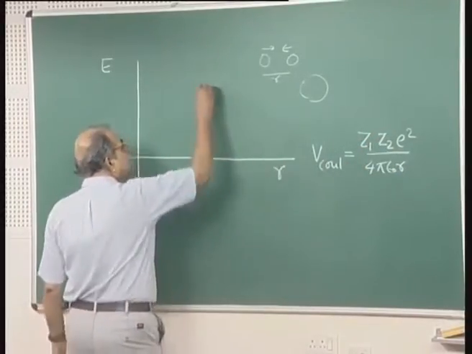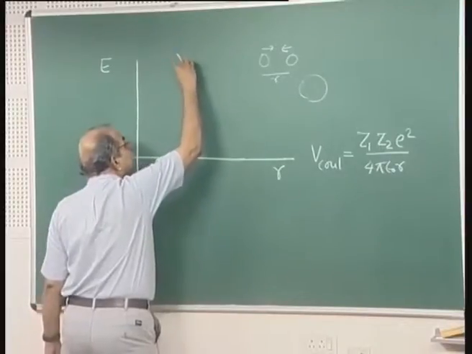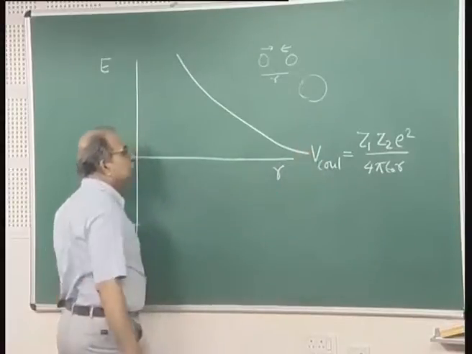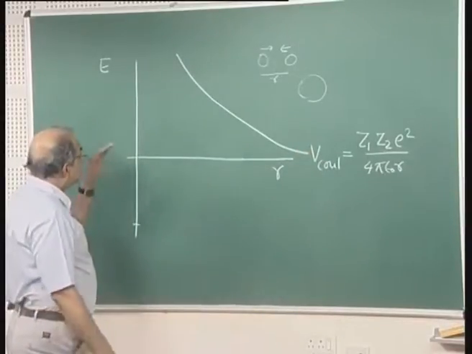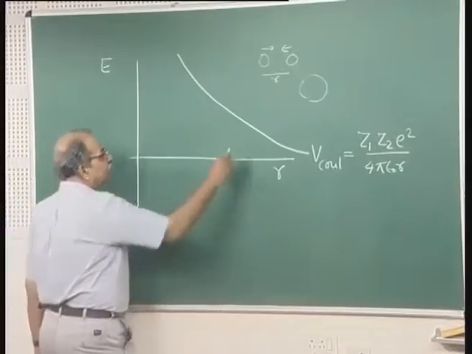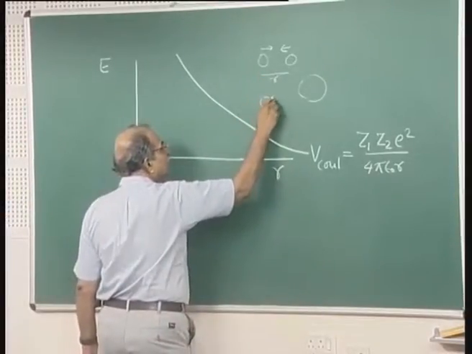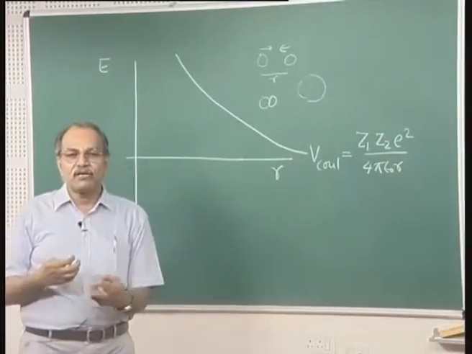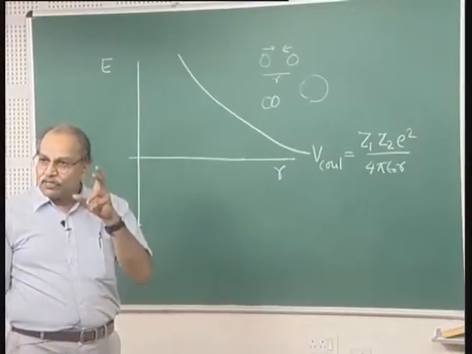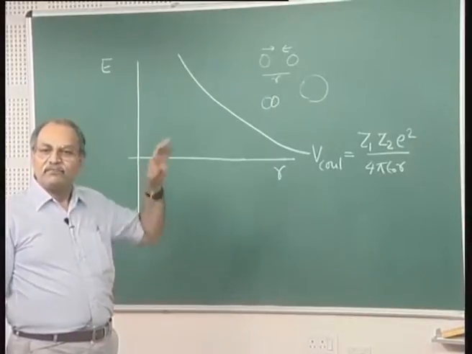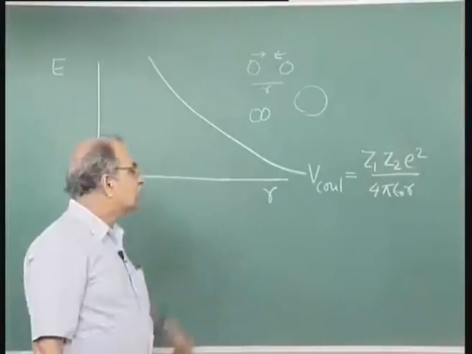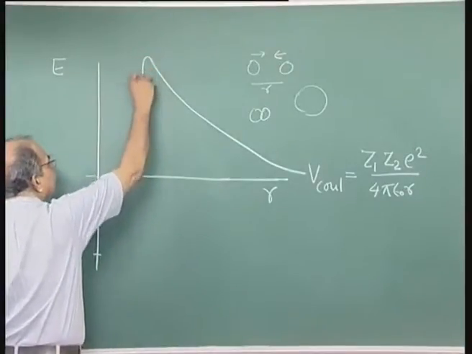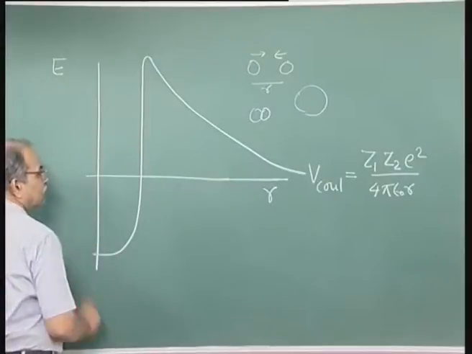So, it goes like this, the usual Coulomb potential nature. Then when they come very close, when they are touching and going inside, the nuclear forces will take over and the potential energy will decrease, and that will finally come here. So, somewhere it goes back and comes like this.